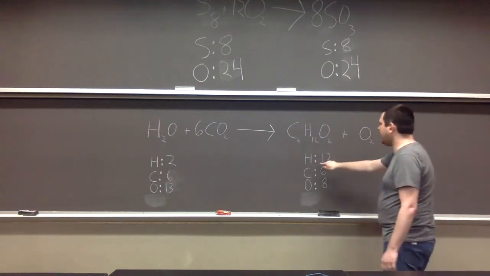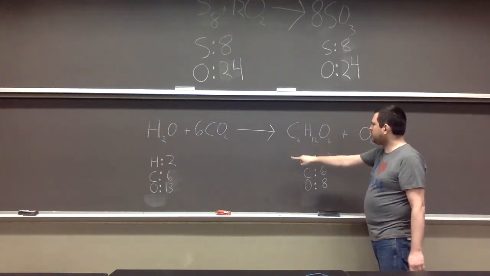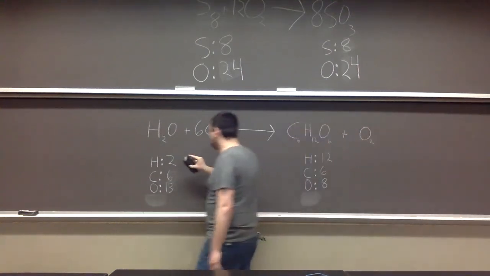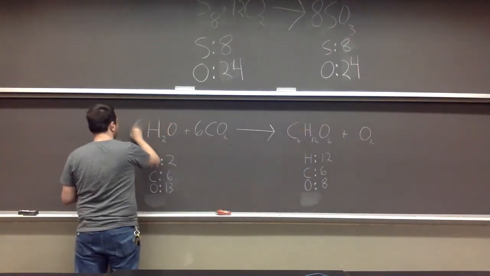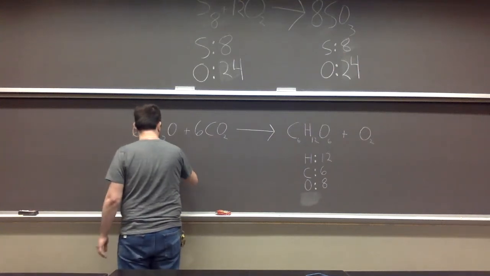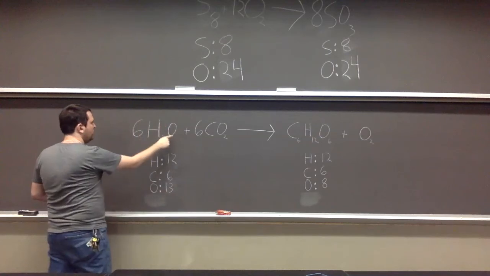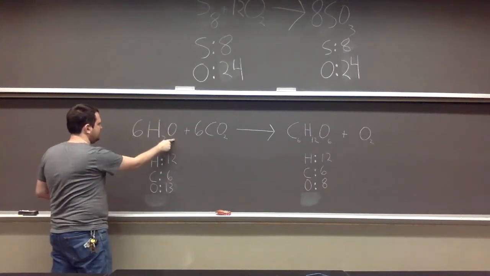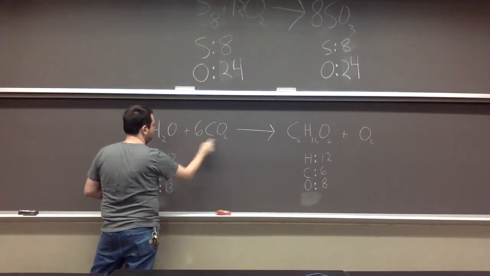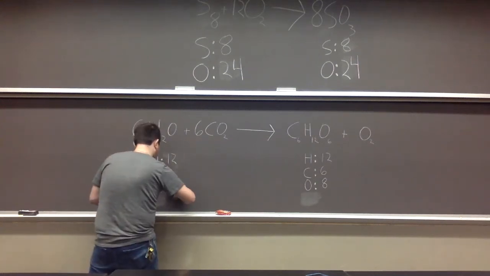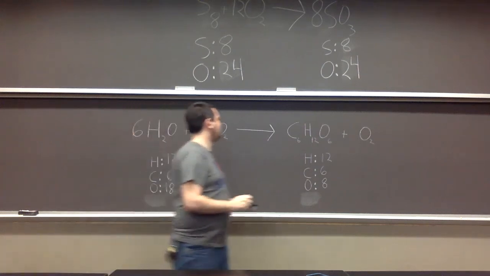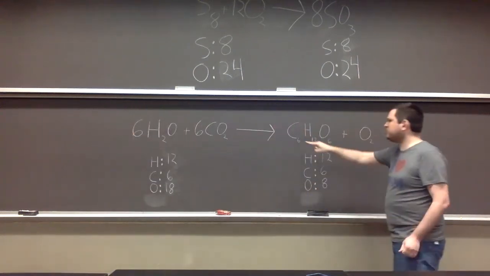Next, let's look at the hydrogen. 2 times something can equal 12. 2 times 6 can equal 12. We also need to balance this oxygen now. So 6 plus 12 equals 18.